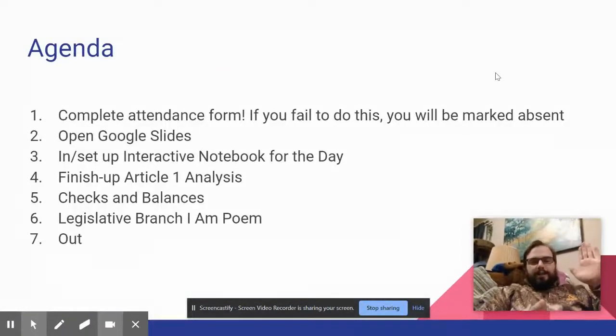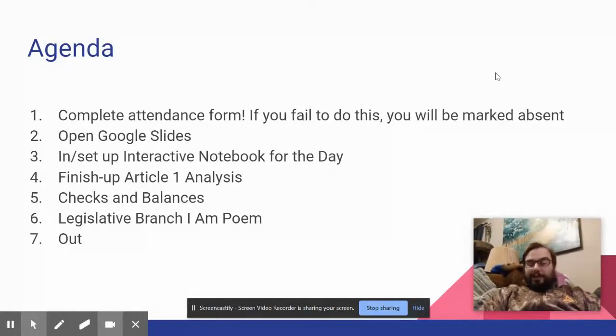Okay, so our agenda for today, obviously we'll begin with our notebook like we always do, along with our in. And then there is some time built in for you guys to finish up the Article 1 analysis that we started the previous day. If you have not finished that yet, don't worry. It's got time built into the lesson for you.